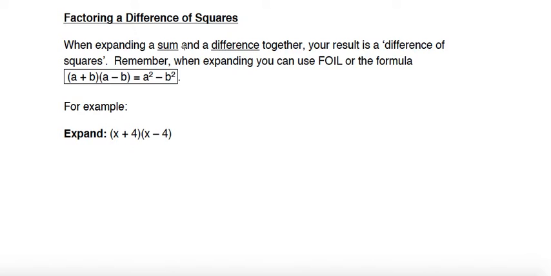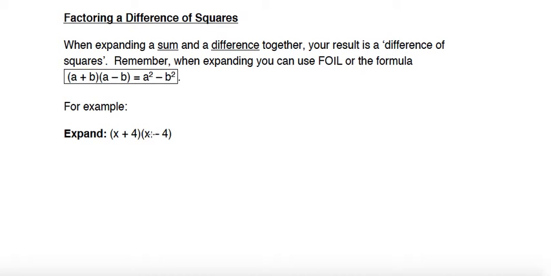We're always looking for the square root of the first term, the square root of the second term, and so on. Just for a recap, let's practice foiling out or using our formula for this first example.